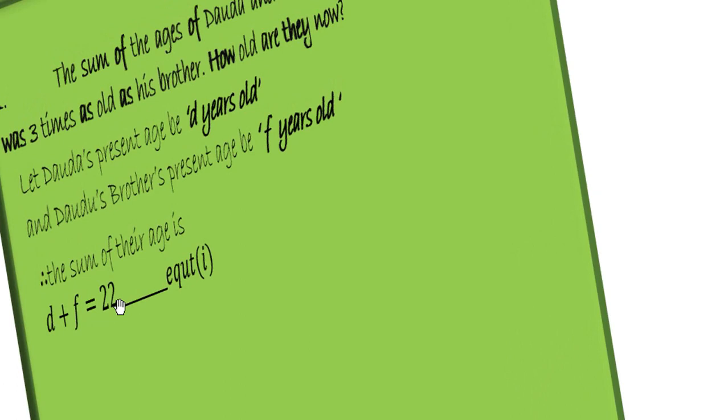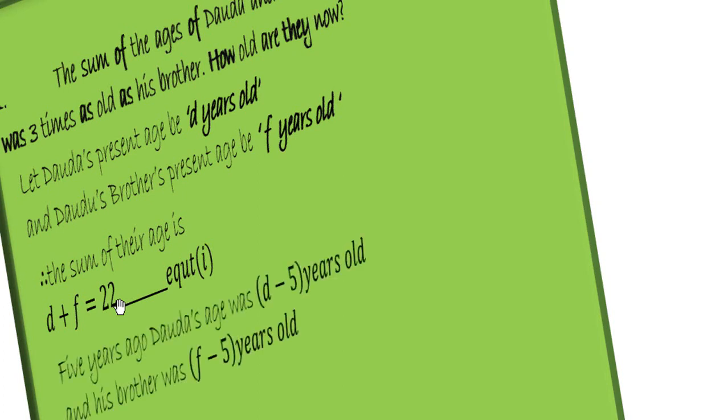So if that is understood, then let's look at the next statement. 5 years ago, Dauda's age was D minus 5 years old. If presently it is D, then 5 years ago he was D minus 5 years old, and his brother will be F minus 5 years old, because presently they are D years old and F years old respectively.